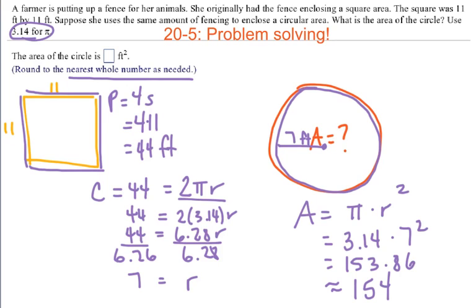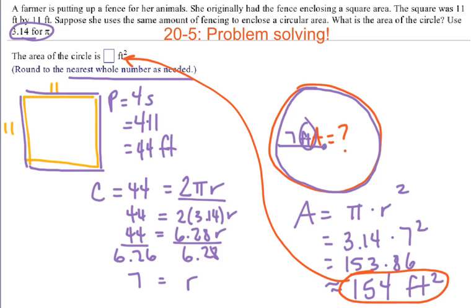And I need to put the label, and we're dealing with feet, so the area is square feet. So that's my solution. Again, the answer will have the label there, but make sure that you know how to get that by yourself.